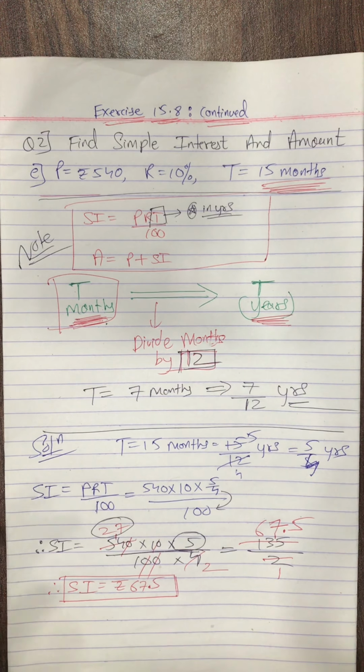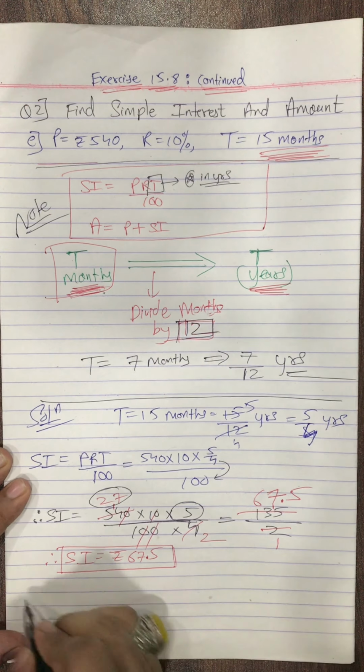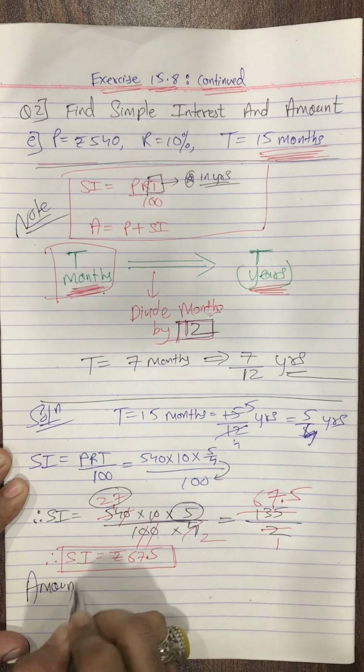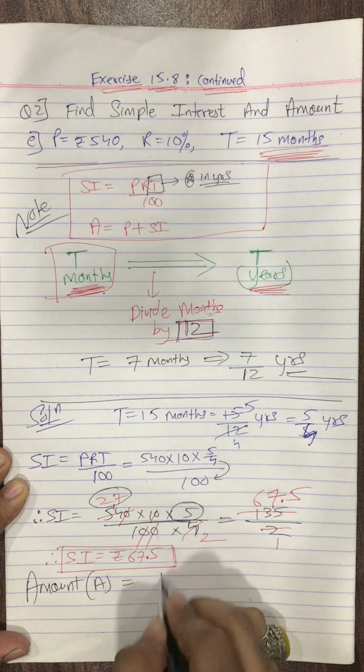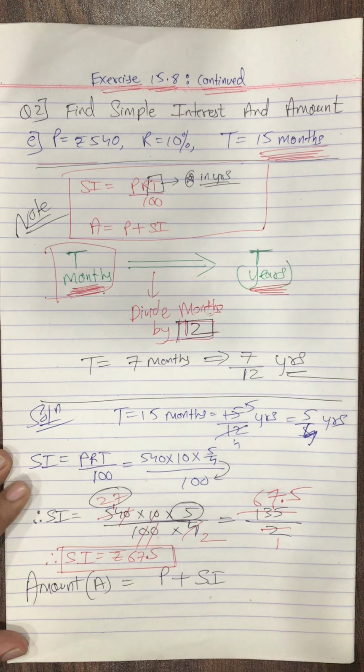Next, we also need to find the amount. So what will be the amount? Amount, denoted by capital A, the formula is principal plus the simple interest.